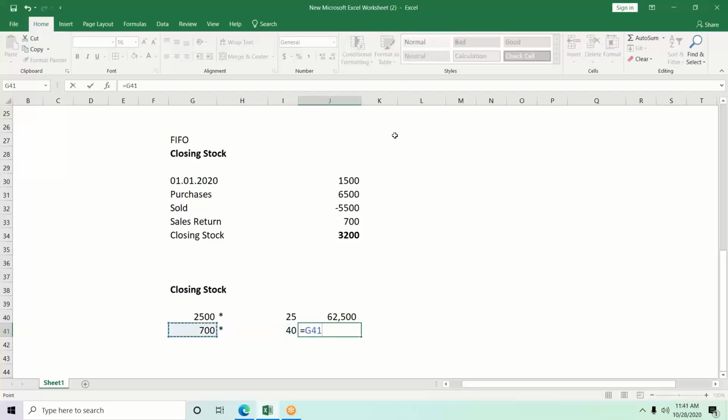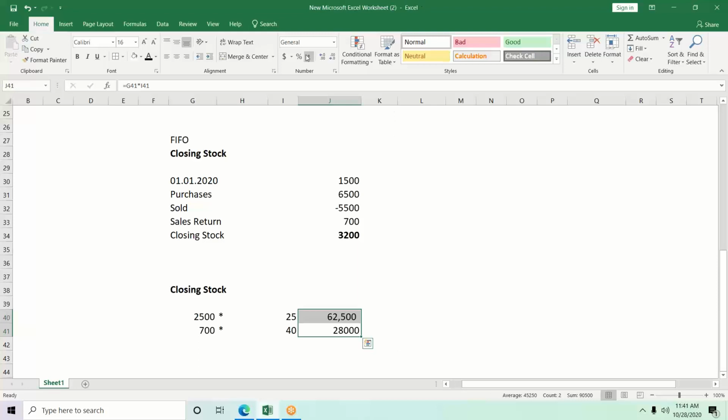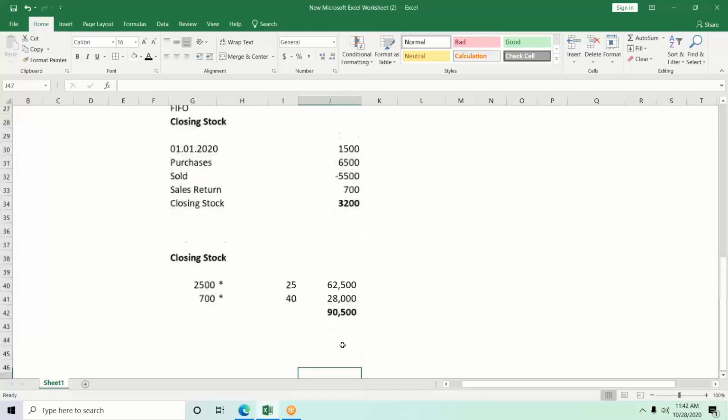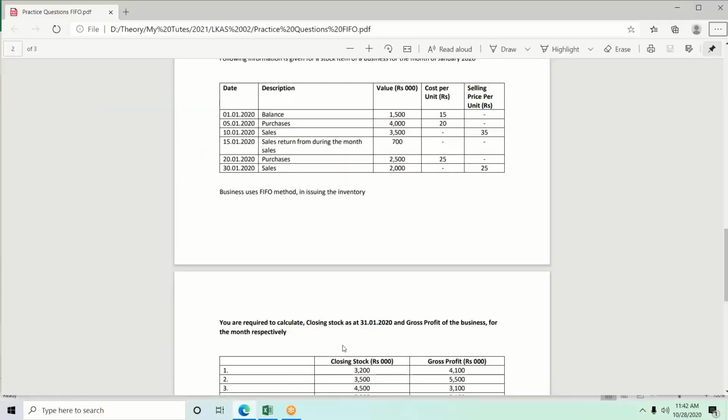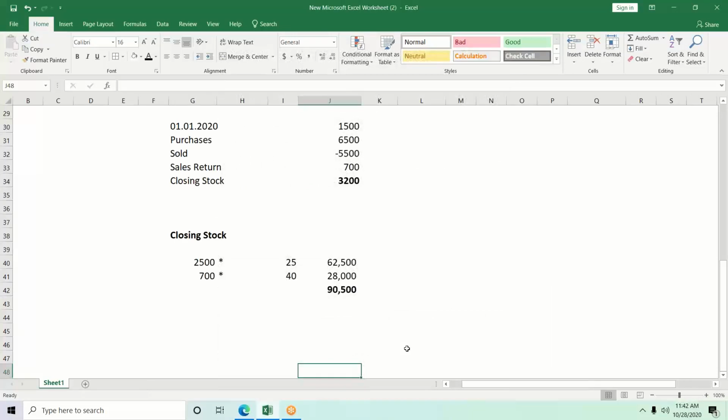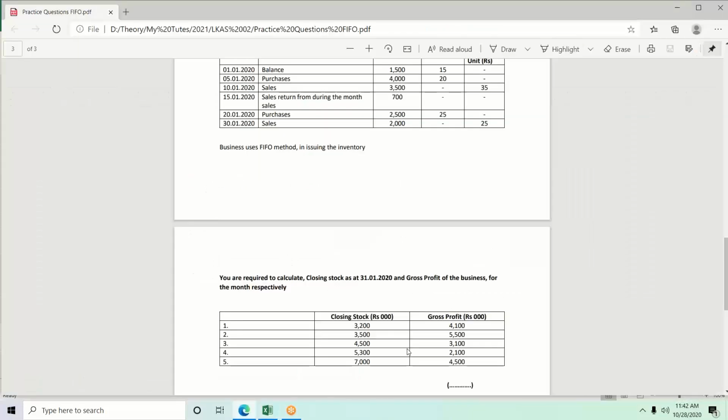How much is the value, Putha? 700 into 40, which is 28,000. Yes, which is rupees 28,000. So the value of the closing stocks is 62,500 plus 28,000, which is 90,500. That is your closing stock under the FIFO method.